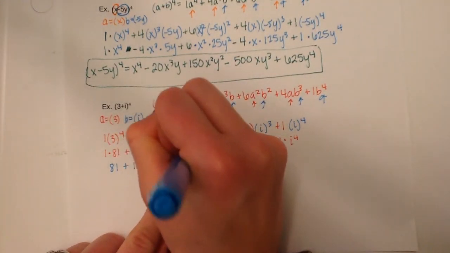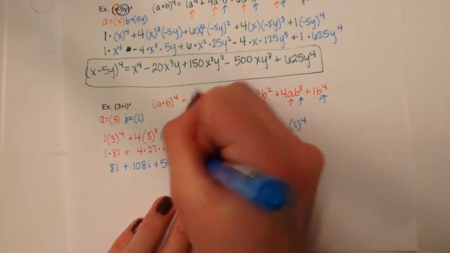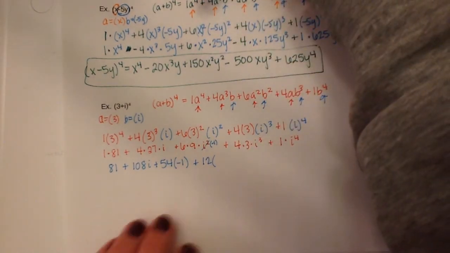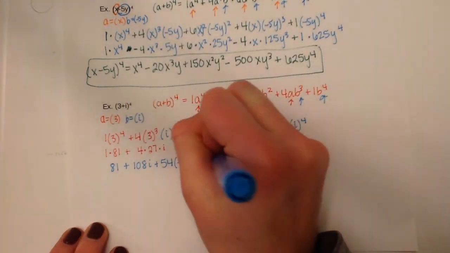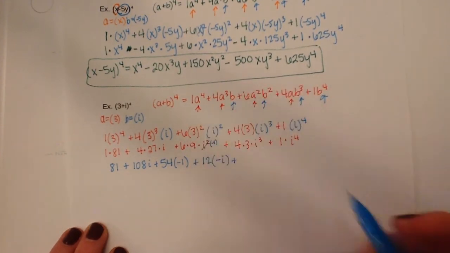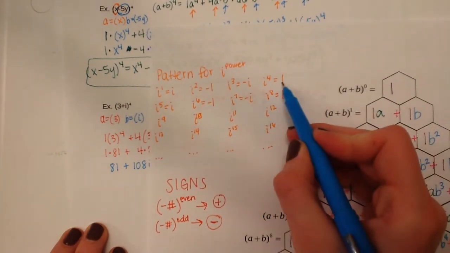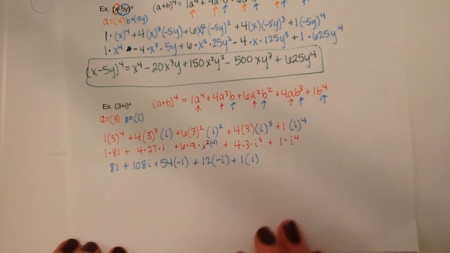So 54 times negative 1, plus 4 times 3 is 12 times, if you look back, the very first thing we talked about, i cubed is negative i. So i cubed became negative i, plus 1 times i to the 4th. Well, if we look at i to the 4th, i to the 4th is just 1. And 1 times 1 is just going to be 1.